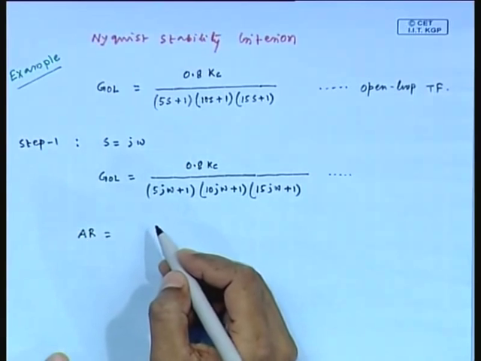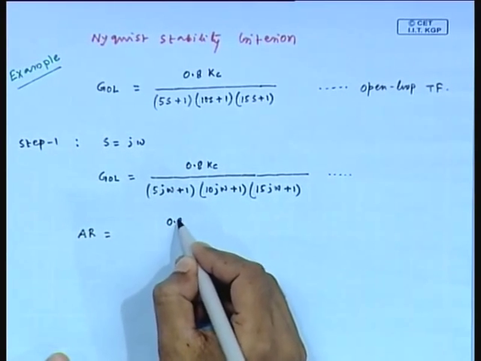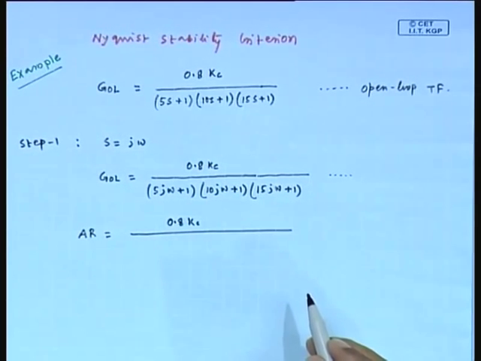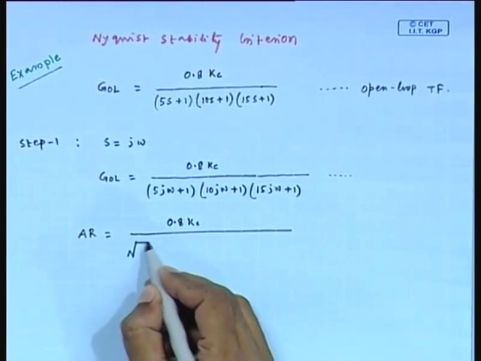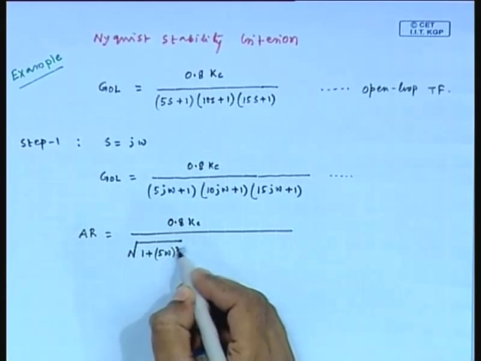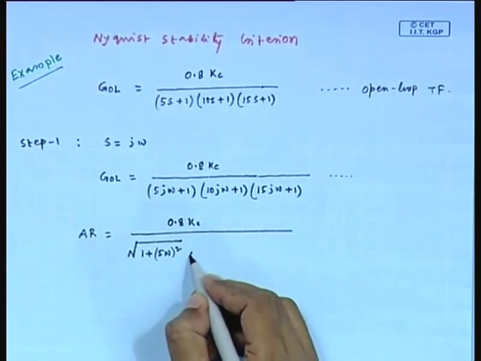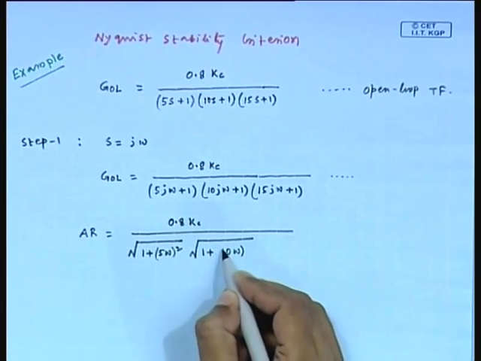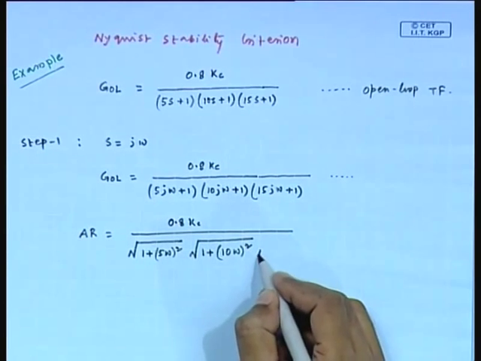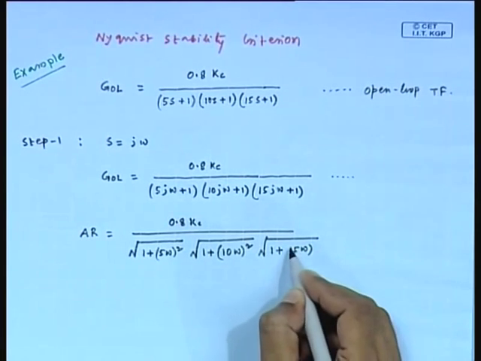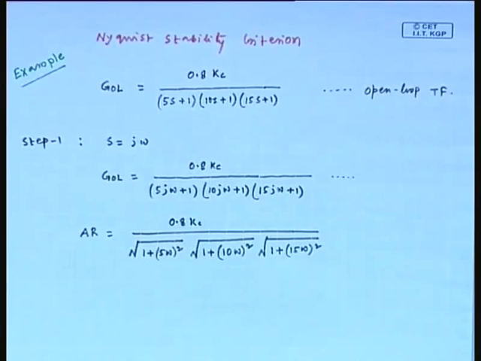So, it is straightforward to write the expression for amplitude ratio, that is 0.8 Kc divided by square root of 1 plus 5 omega square multiplied by 1 plus 10 omega square multiplied by 1 plus 15 omega square. This is the expression for amplitude ratio.